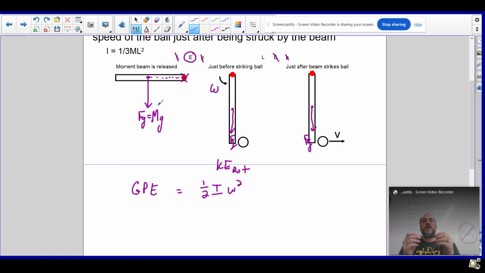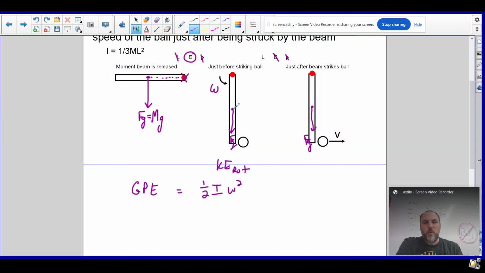But anytime an object is rotated about an axis that's not at the center of mass, we need to keep an eye on the force of gravity. The force of gravity could very well be causing a torque, except when the object is in the vertical orientation.